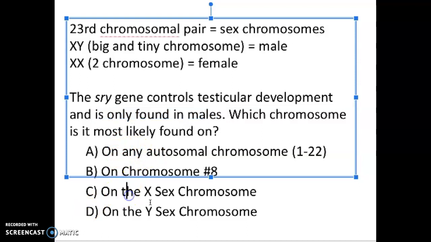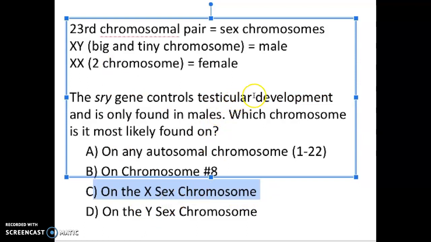So we know that males have the XY sex chromosomes. If it were found on the X, then there might be a possibility where the female might have this trait. And we know that doesn't happen with females. So it can't be found on an X.